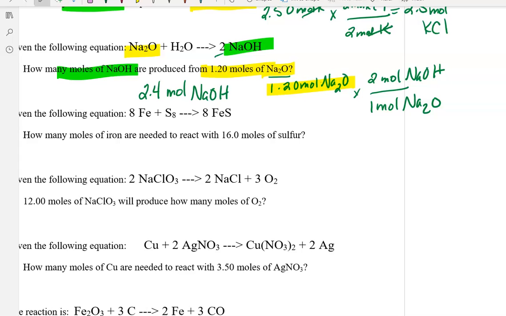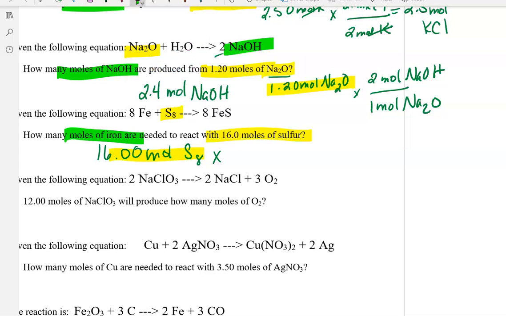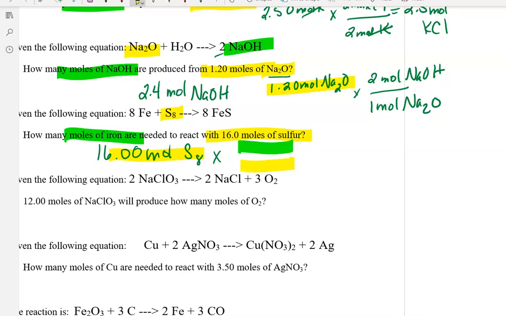The next one, we are told we have 16 moles of sulfur, so that's what we're starting with. And our ratio of sulfur to iron, because iron is what we're solving for, we can look up here.